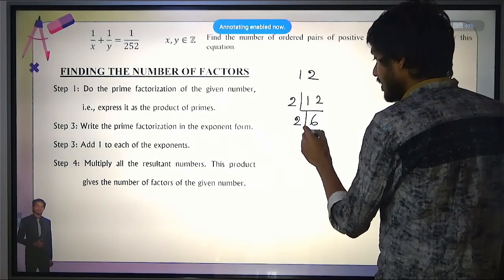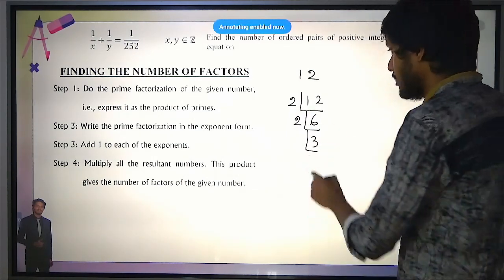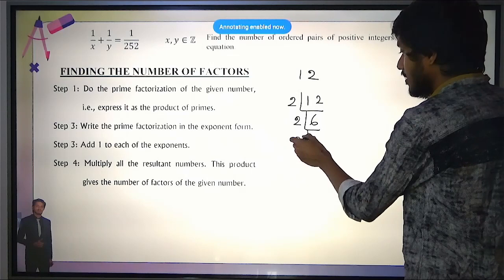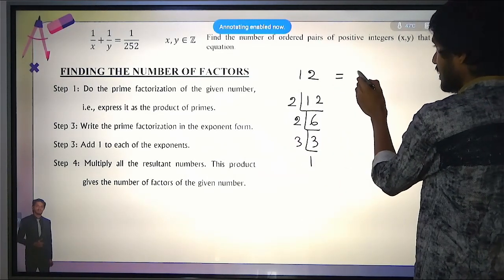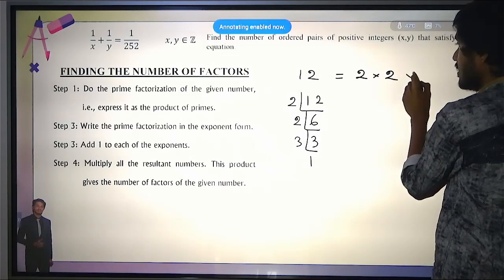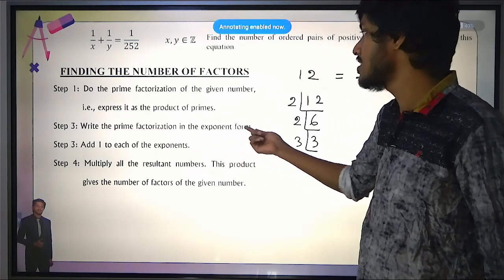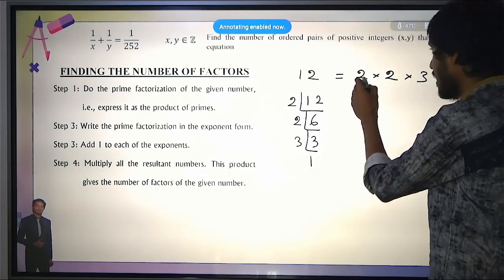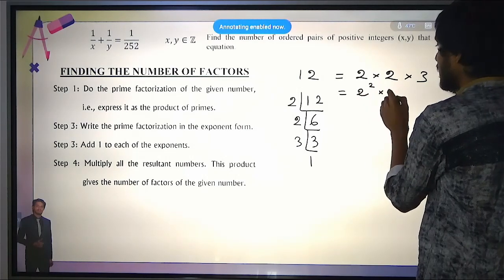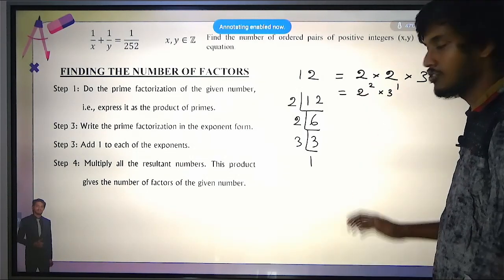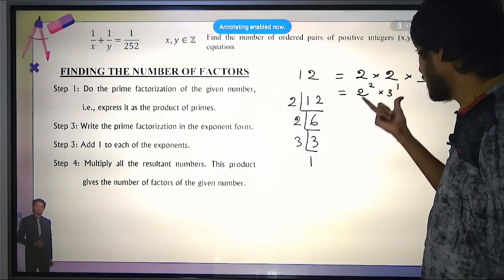That would be 3. 3 cannot be divided by the first prime number, so I am going to go to the second prime number. That would be 3. 3 divided by 3 is 1. Therefore, I can write 12 as 2 times 2 times 3. But here, write the prime factorization in the exponent form. Therefore, I am going to contract this as 2 to the power 2 and 3 to the power 1. So this is the way of writing 12 as a product of primes in exponent form.